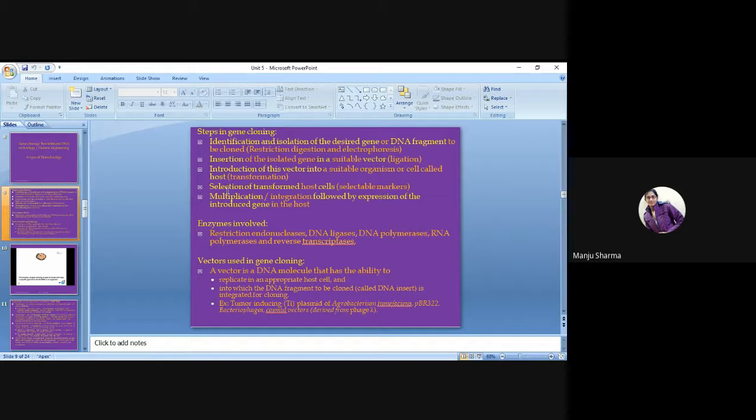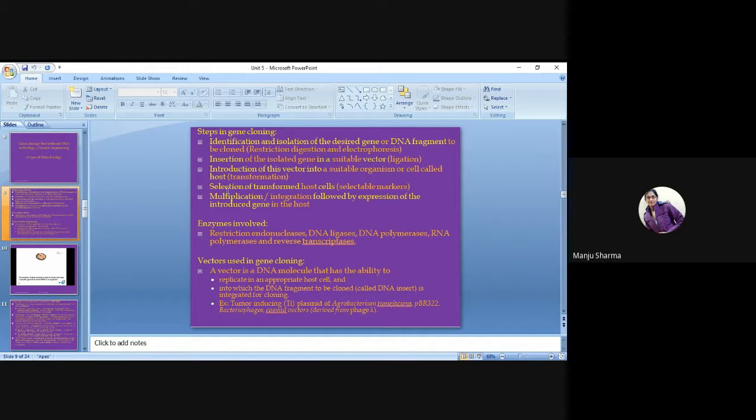Vectors used in gene cloning. A vector is a DNA molecule that has the adaptability to replicate in an appropriate host cell and into which the DNA fragment to be cloned, called the insert, is integrated for cloning.